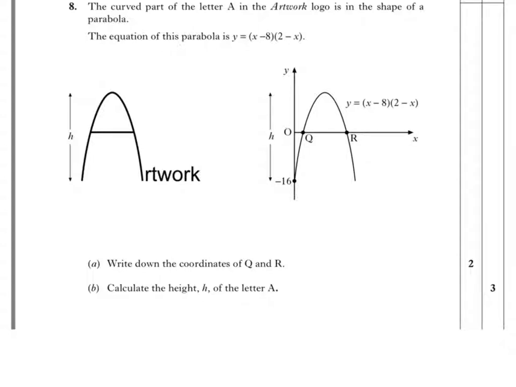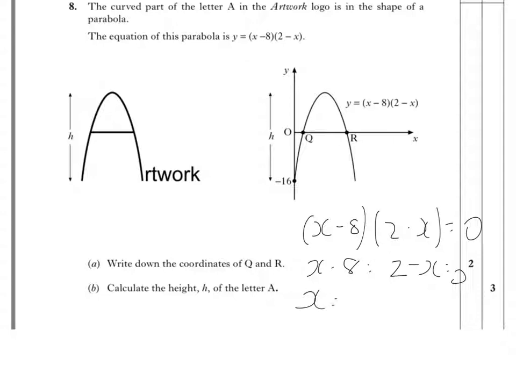No need to factorise it because it's already been factorised and it's in brackets. So I've got x minus 8 in a bracket, 2 minus x in a bracket. I'm looking for the roots, so I'm going to make the equation equal to 0. That gives me x minus 8 is equal to 0, 2 minus x is equal to 0. That's x equals 8 and x equals 2.